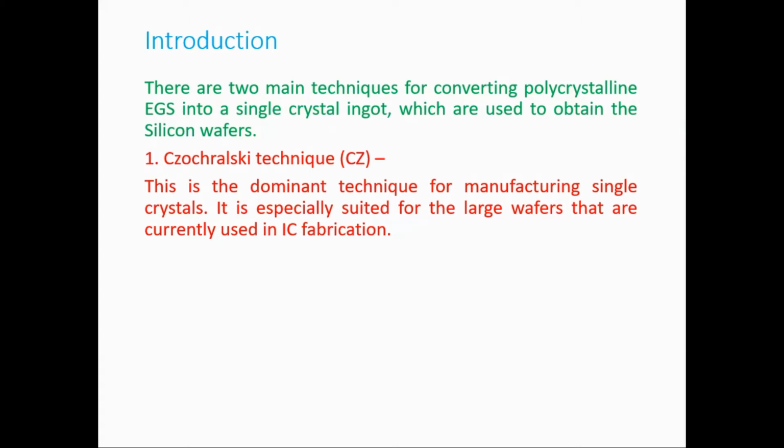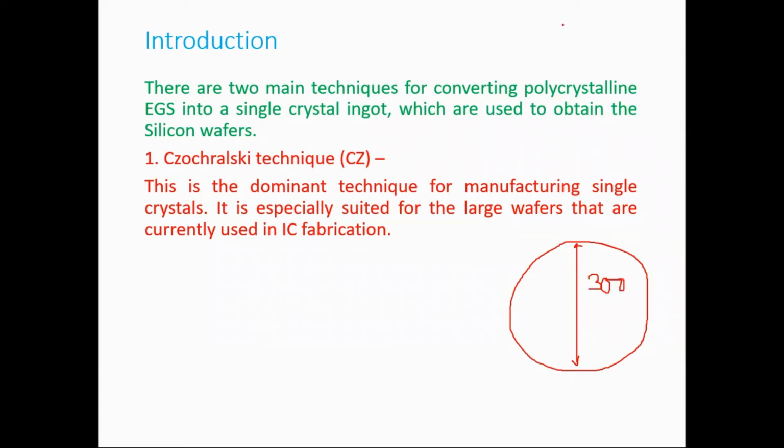It is especially suited for the large wafers currently used in IC fabrication. A wafer is a silicon piece like this, similar to a chip wafer, and its diameter is 300 millimeters these days.